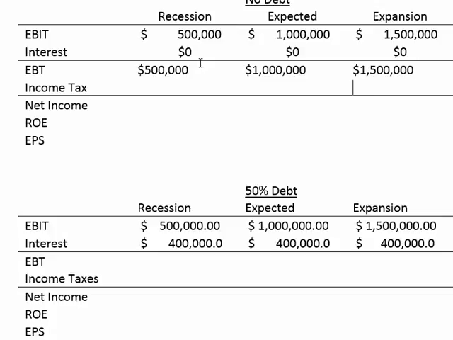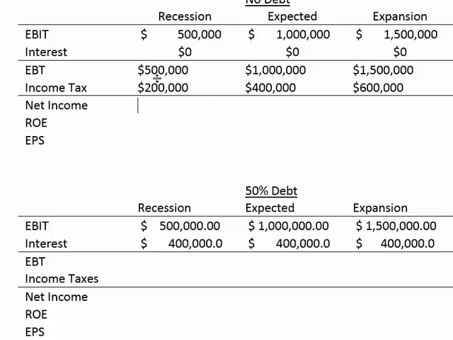Our income tax is going to be 40% of our EBT. In the first case, it's $200,000. In the second case, it's $400,000. And in the final case, it'll be $600,000. I got this by multiplying 0.4, the tax rate, by EBT in each case.